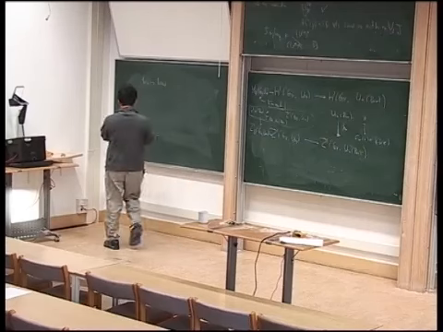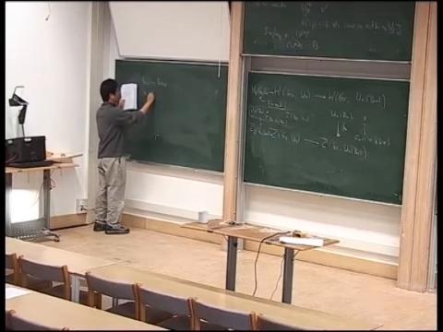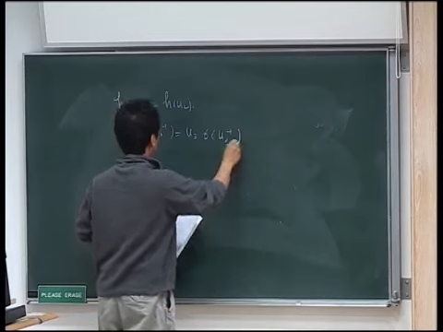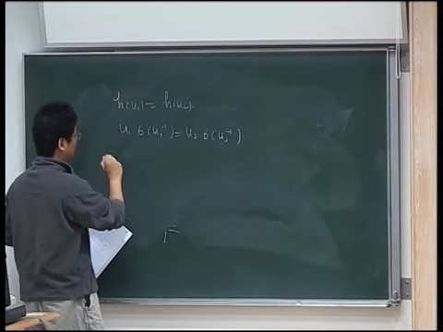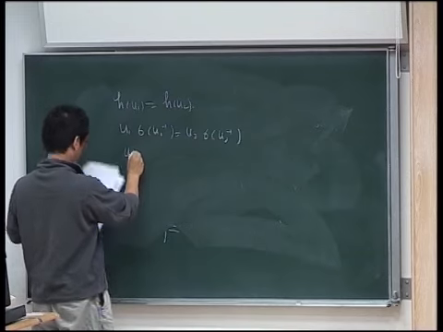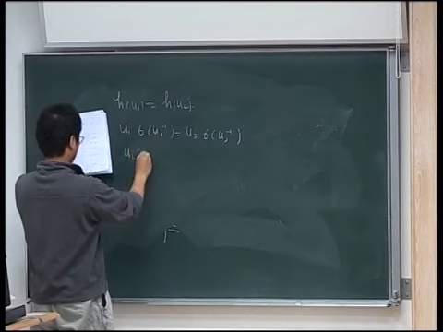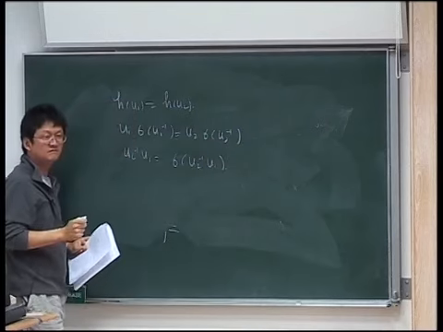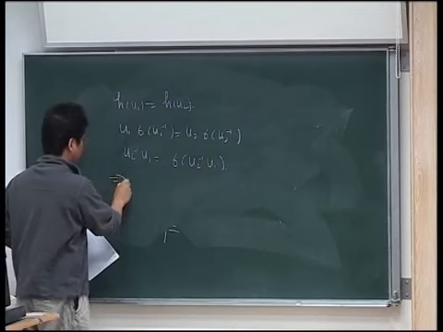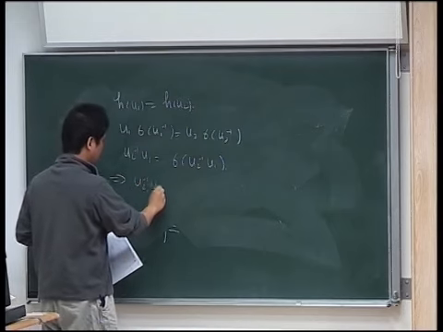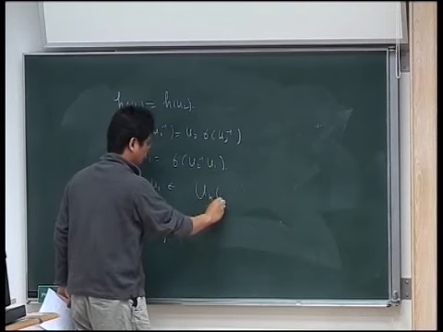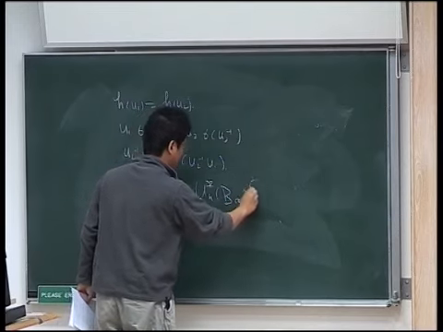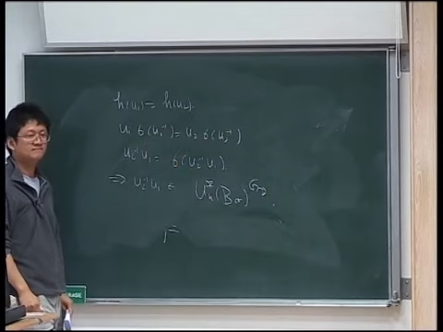Well, what this means is that U1 sigma U1 inverse equals U2 sigma U2 inverse. But then that means the U2 inverse U1 equals sigma U2 inverse U1, right? So in other words, U2 inverse U1 is inside the Galois fixed part of UN B Chris. That's what it would mean.